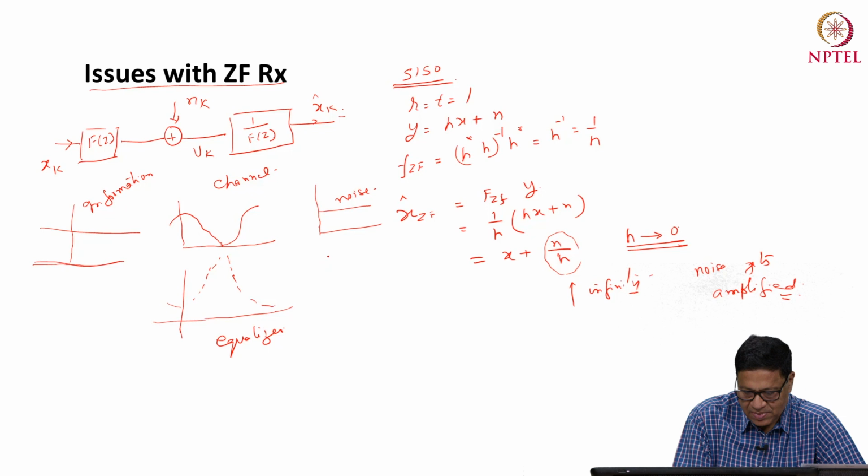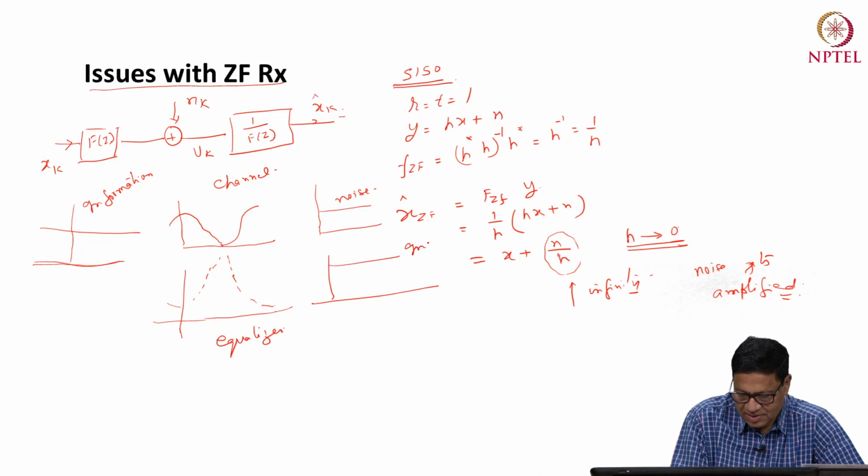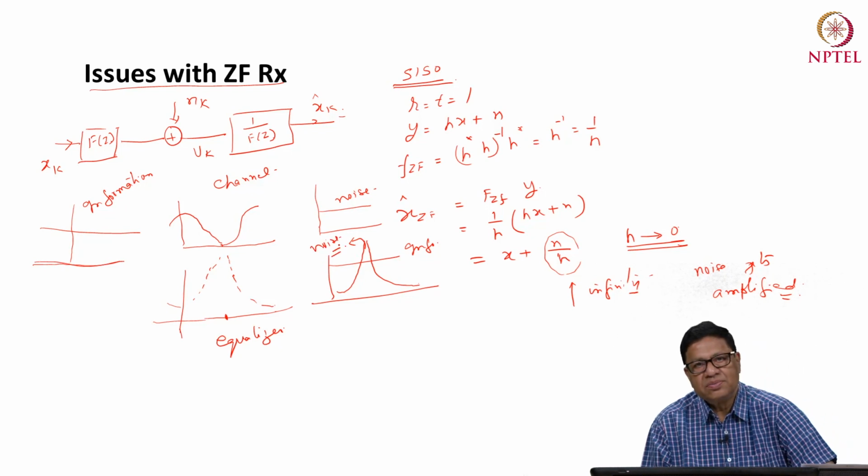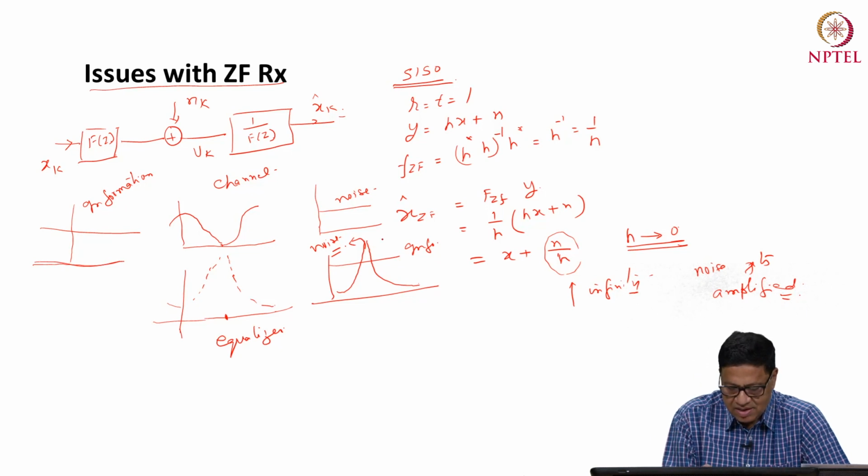And if I see the recovered data, the information is this, and the noise component, because of this channel characteristic, will go to 0 at this point, and then I will get something like this. This is the noise part. So this blows up to infinity. There is noise amplification happening.